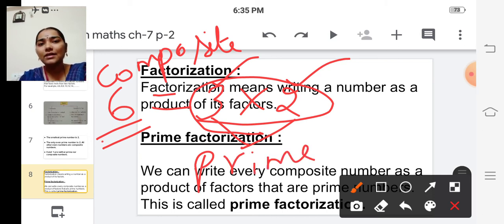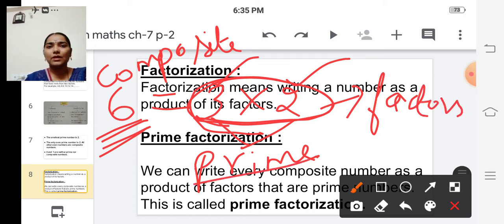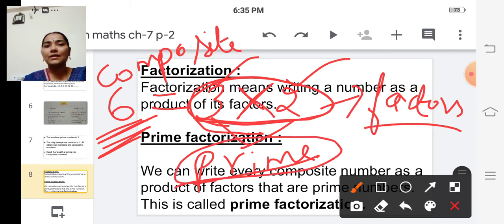So we can write a composite number as a product of its factors that are prime numbers. That is prime factorization. So have you all understood, children? This is called prime factorization.